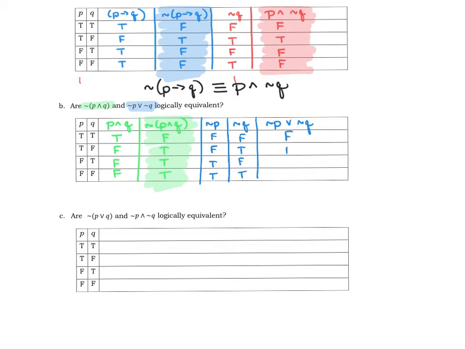So we've got false, true, true, true. And again, comparing the two final truth statements together, you can see that they line up, false, true, true, true. And so these statements as well, the negation of P and Q is equivalent, or is the same thing, as not P or not Q.